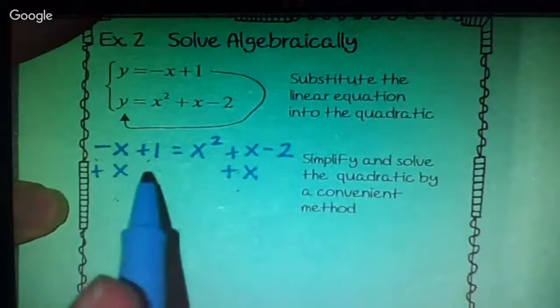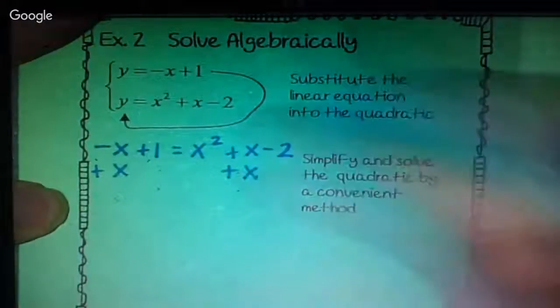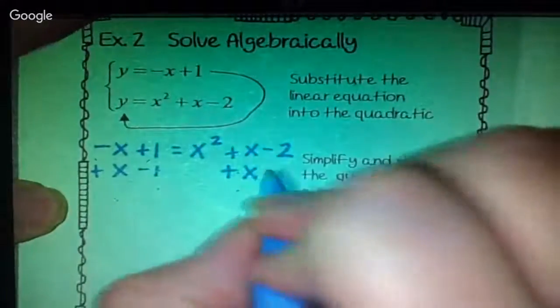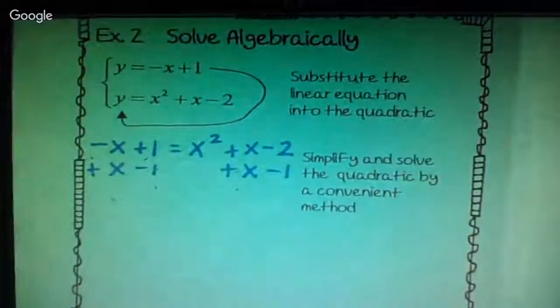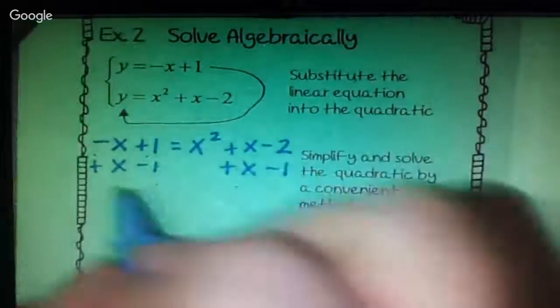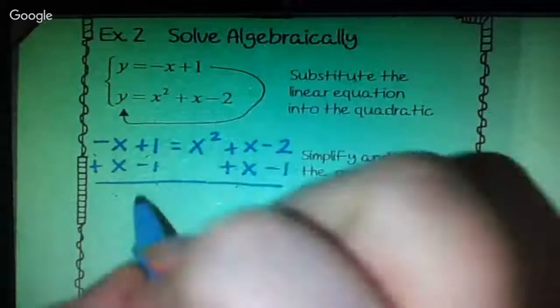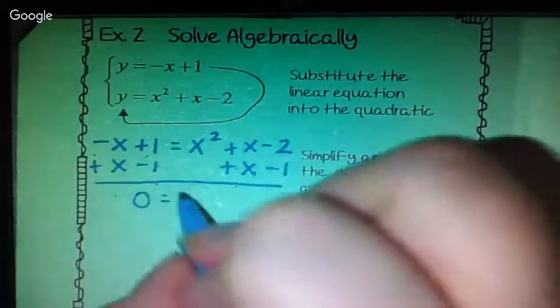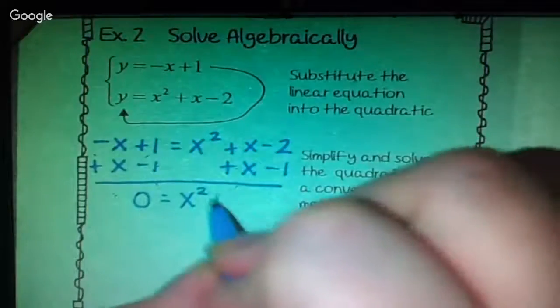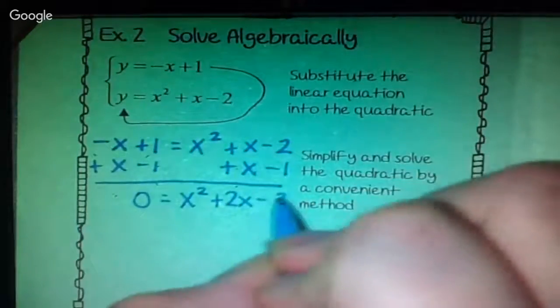I also need to move this 1 over. Subtract. Notice I put the x underneath the x because that's what it goes with when you add it. And I put the negative 1 with the negative 2 because that's what it goes with when we subtract. So now my left side becomes 0. And on my right, I've got x squared plus 2x minus 3.